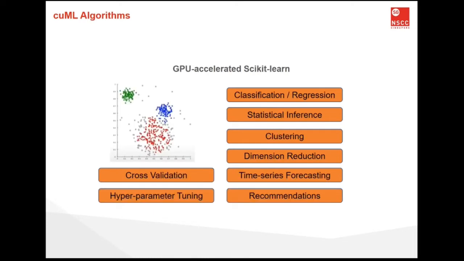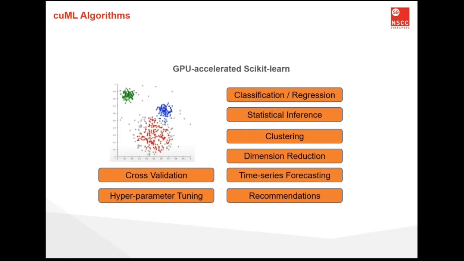There's a list of different algorithms that we are trying to accelerate today. We have classification models such as decision trees, logistic regression, k-nearest neighbors. And we have regression models such as linear regression, support vector regression, gradient boosting.